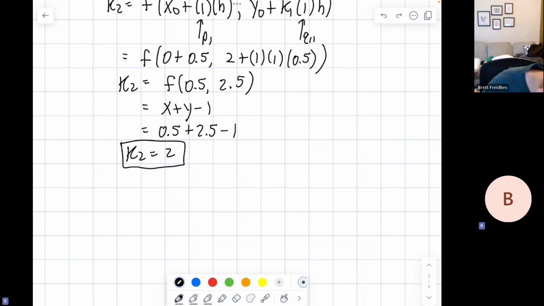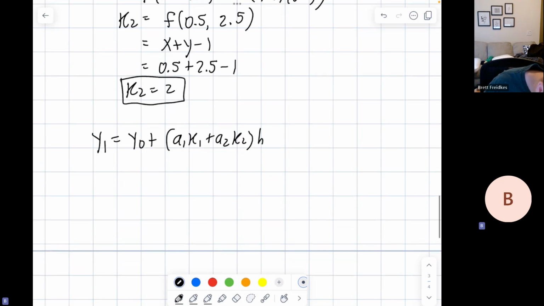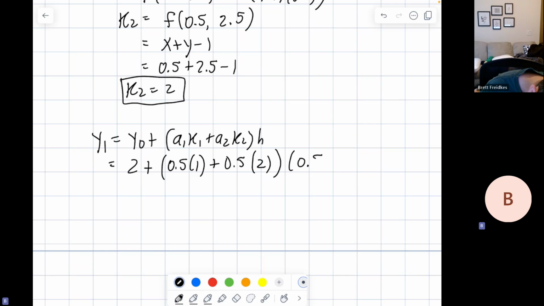So now that we've done that, we know that y1 is y naught plus a1 k1 plus a2 k2 times h. We can plug in our stuff now. It's going to be 2 plus a1 was a half times k1 is 1, plus a2 was a half times k2 is 2, times 0.5.